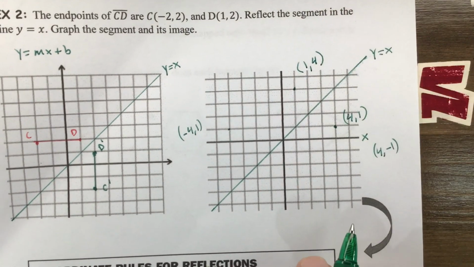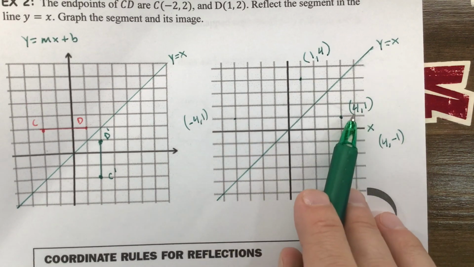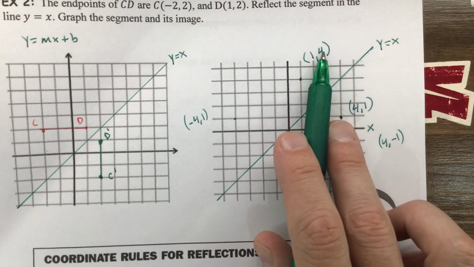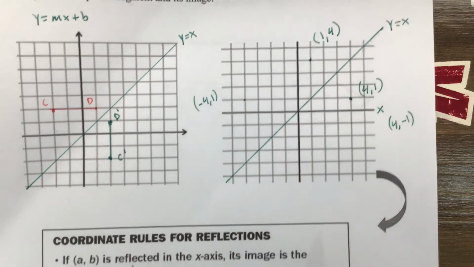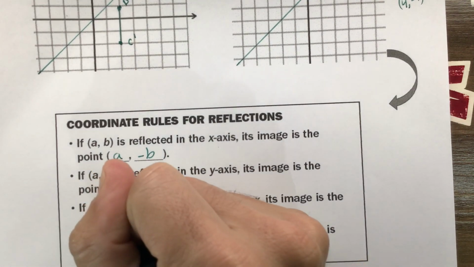And what we're trying to do here is come up with a mapping so you don't have to do this all the time. That you can just use the mapping and then say, if I'm reflecting over y equals x, what does it look like? And here's what it does. It takes that coordinate. It doesn't make anything negative in there. It actually switches them. The x becomes the y and the y becomes the x. And that will be true for any reflection over y equals x.